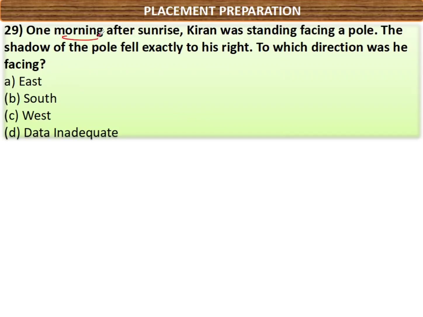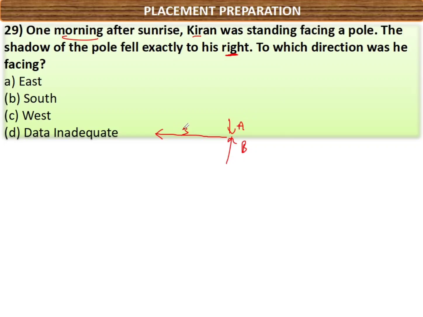Question number 29. Same story. Morning. Morning means the shadow will be towards this side. Now this is A, this is B. Simply write. Next, what is there? Right. Whose right? His right, Kiran's right.